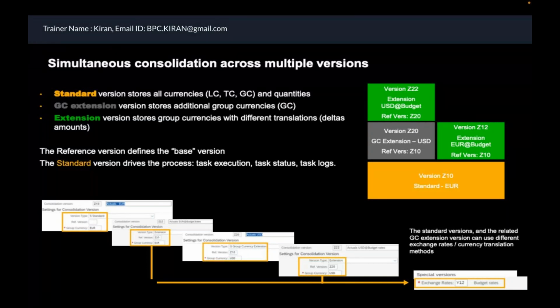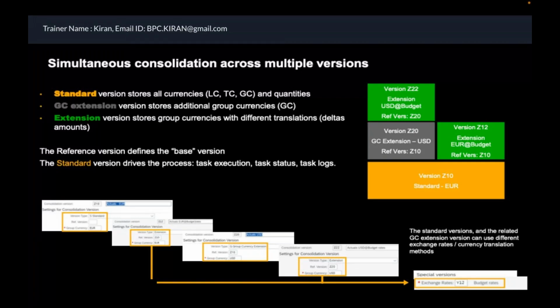In the version I can create one currency, and the consolidation results will be posted in one currency. After that, in 2019 or 2020, they came up with the group currency extension version, so SAP could create consolidation results in multiple group currencies.